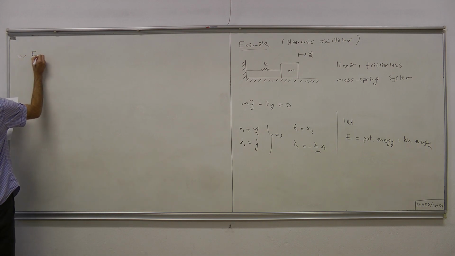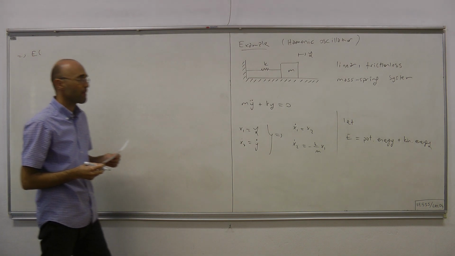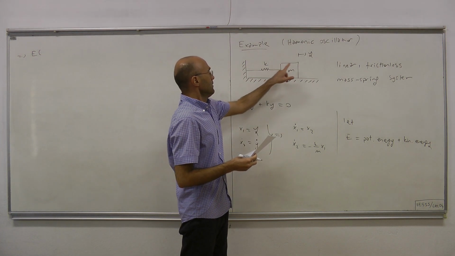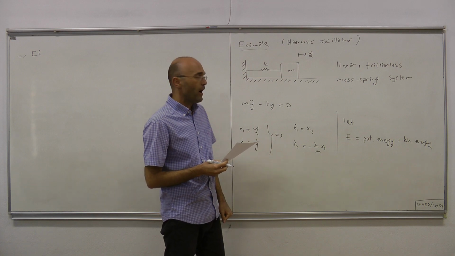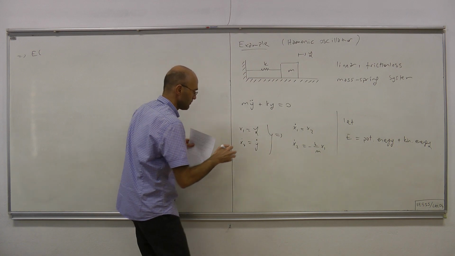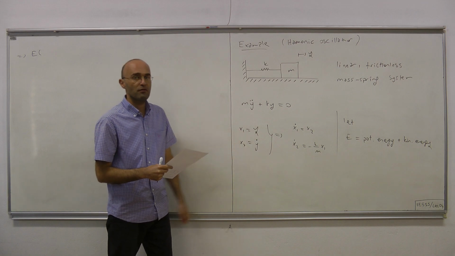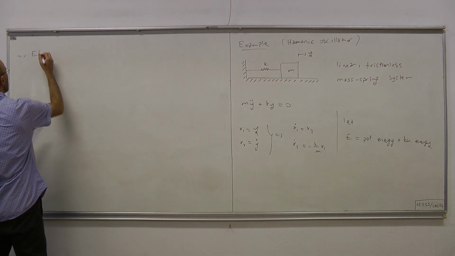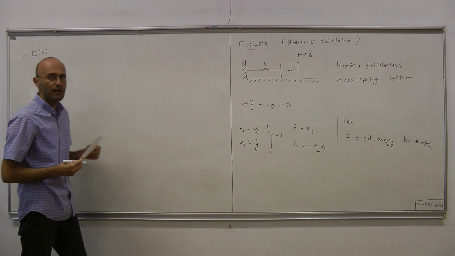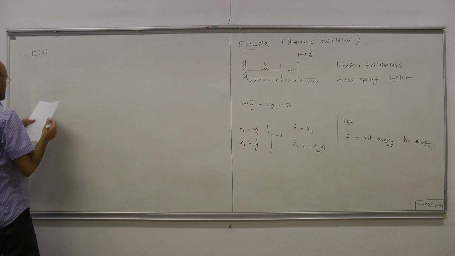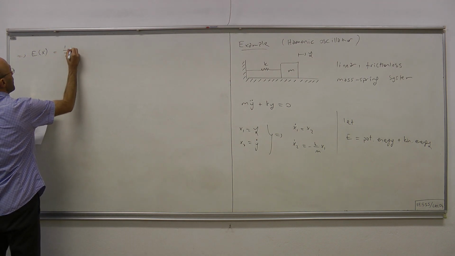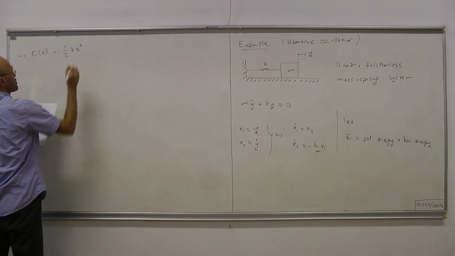So therefore E is a function of y and y dot, or in our new notation, in terms of x1 and x2. So E is a function of the state vector x, and E of x is 1/2 k y squared.